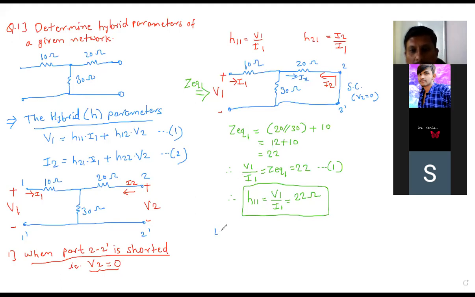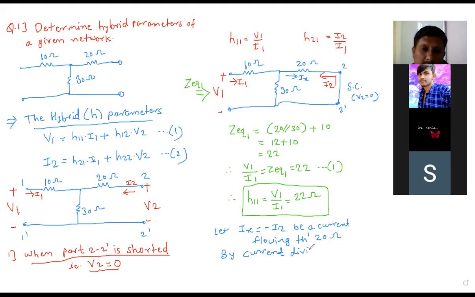So by using current division, let Ix, which is equal to minus I2, be the current flowing through the 20 ohm. Ix is equal to total current I1 into the opposite branch, 30, divided by... I1 current comes here and will get divided.